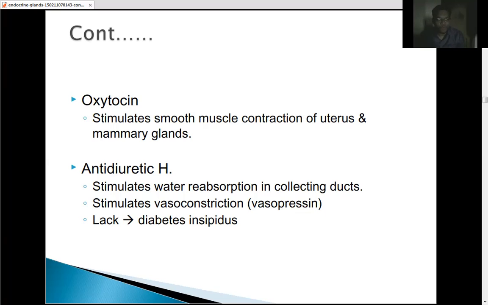It is lacking in diabetes insipidus. In such patients the antidiuretic hormone is lacking, so they go to the toilet many times and have lots of urine excretion, because the antidiuretic hormone is depleted in their body.